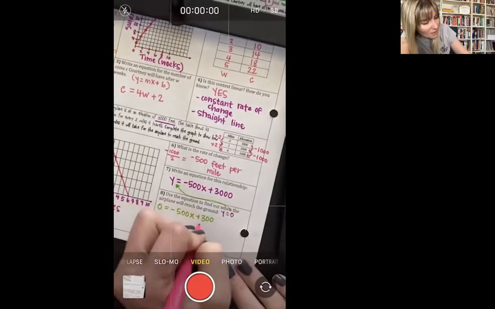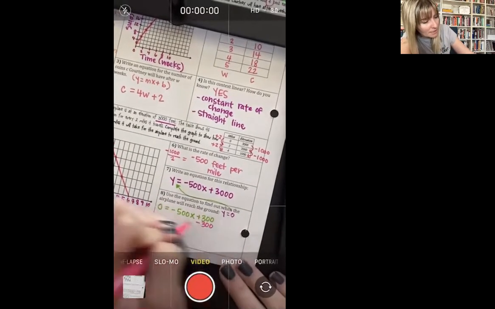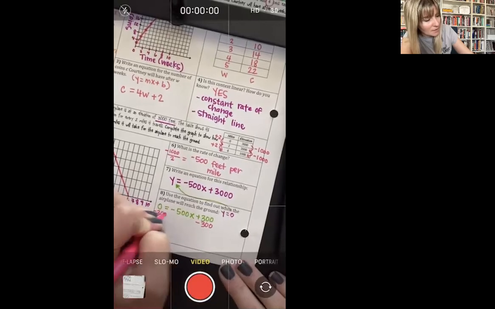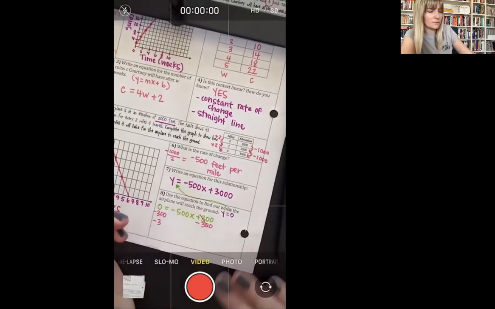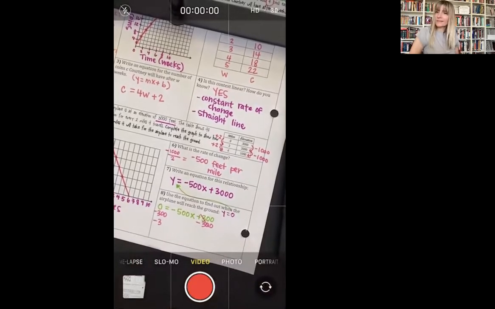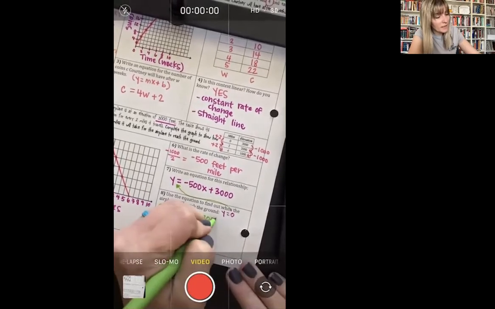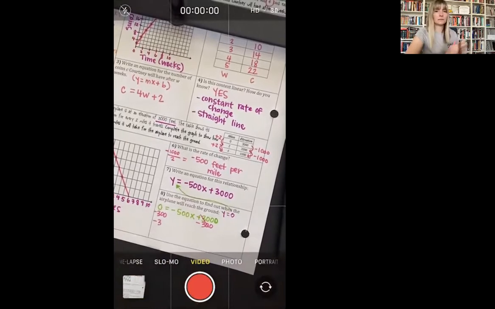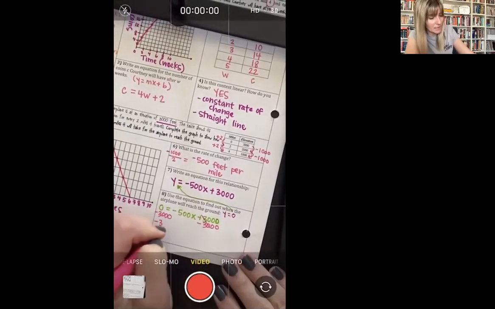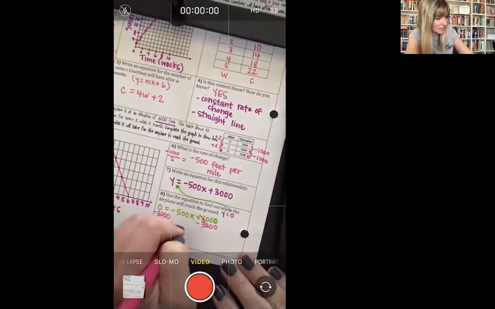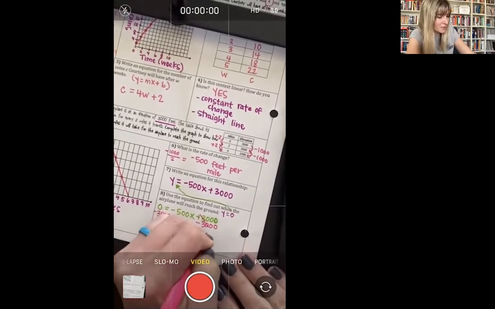Okay, so now I'm going to go minus 3,000, minus 3,000. Why did I write 300? Honestly, I don't know why I wrote 300. Minus 3,000, minus 3,000. So this is negative 3,000 equals negative 500x, which at first seems weird.